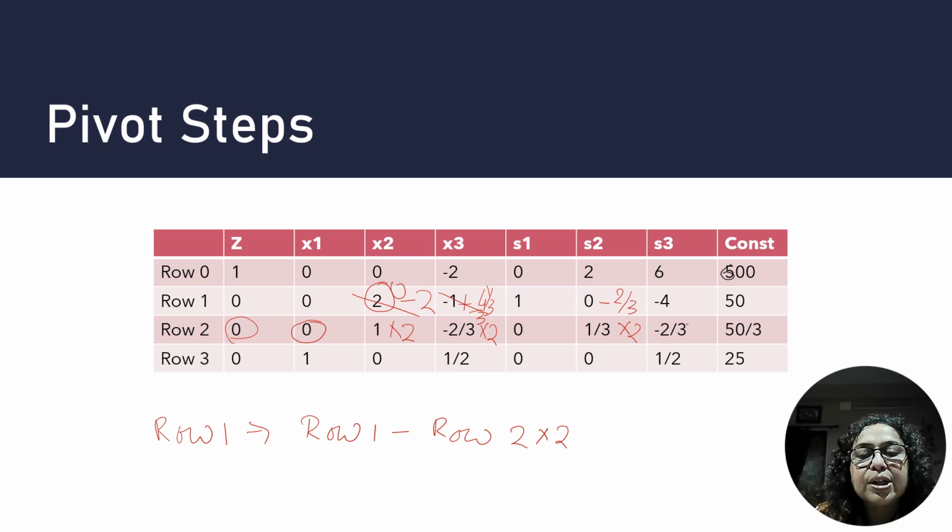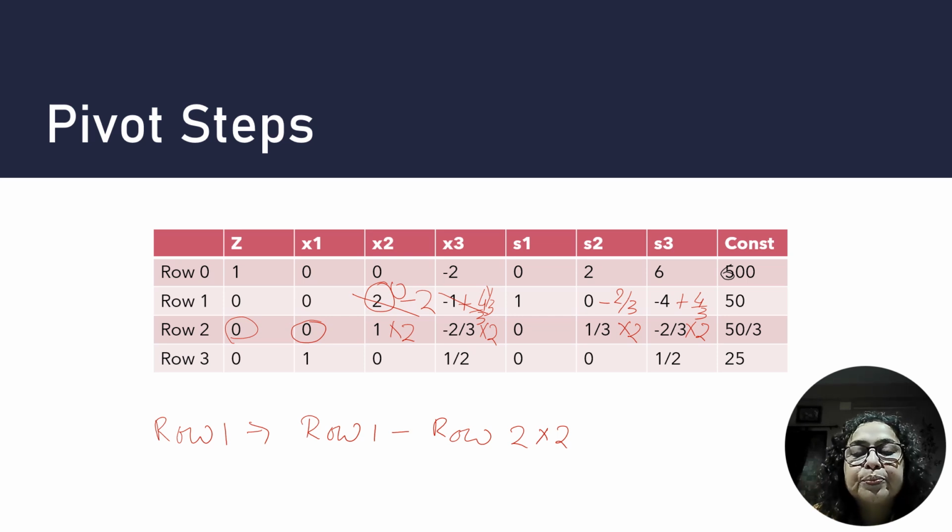Again here there is a change. I multiply this with 2. I have minus 4 by 3, that is minus 4 by 3, that is plus 4 by 3. So I have minus 8 by 3 over here.